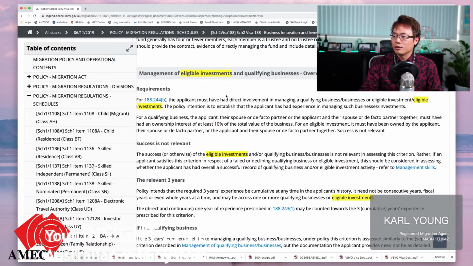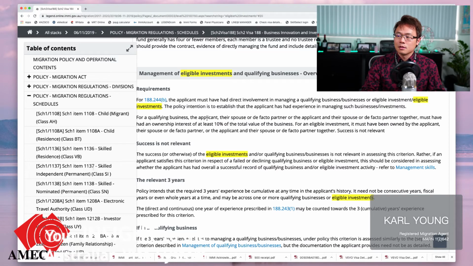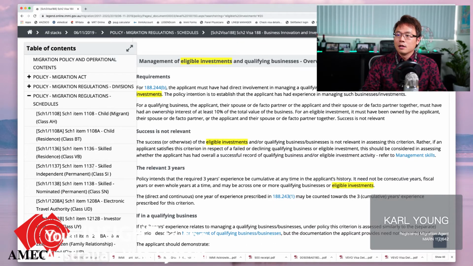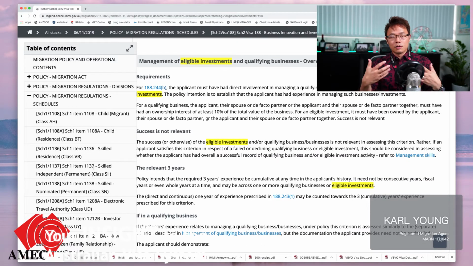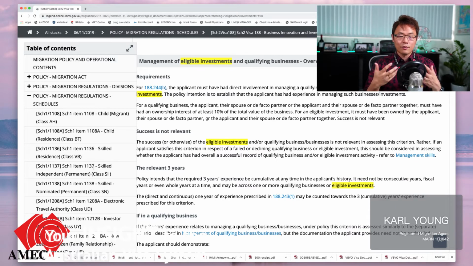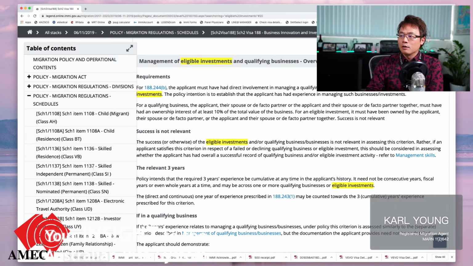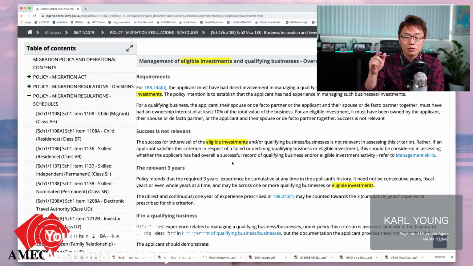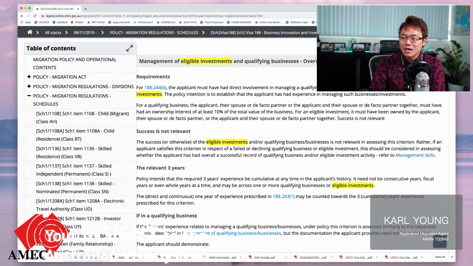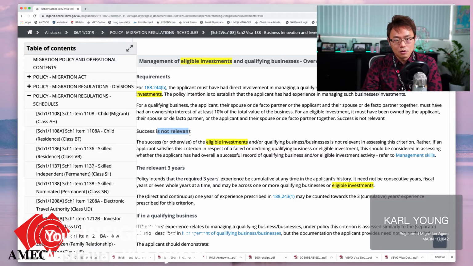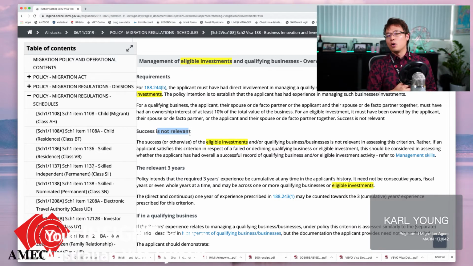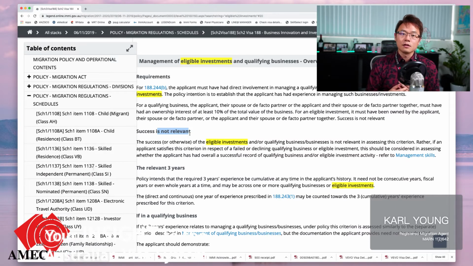Now, management of eligible investment is basically what I have explained, so that is direct involvement in management. The key here that we need to look at is that success is not relevant. Under the eligible investment requirements, some people do a lot of bonds and stocks and things.